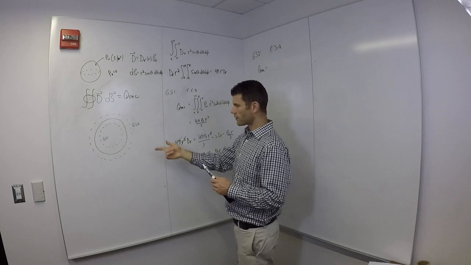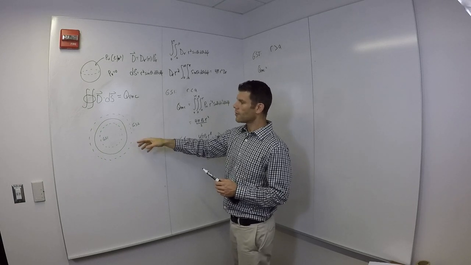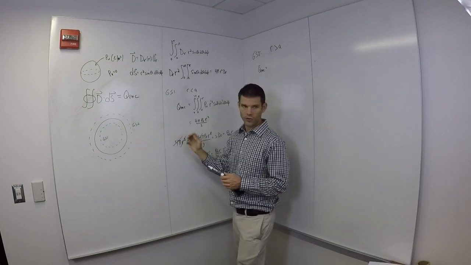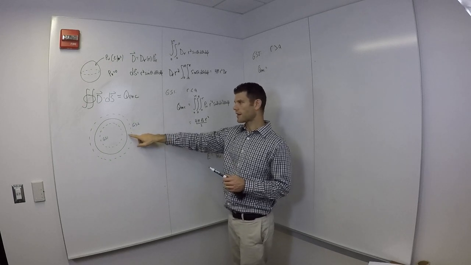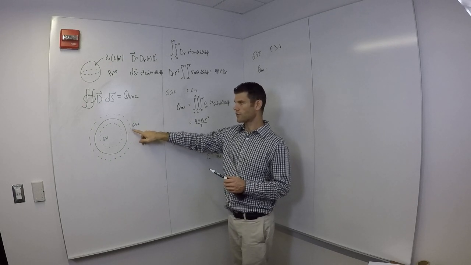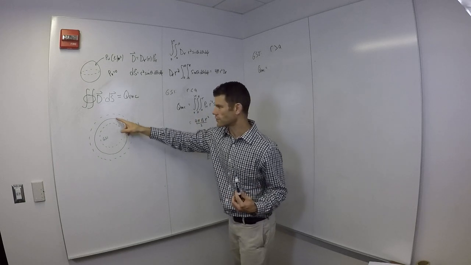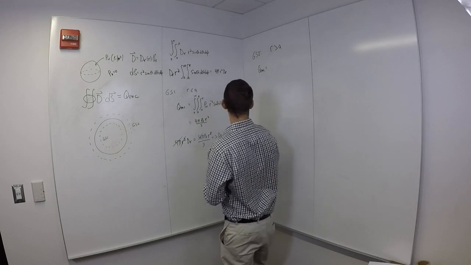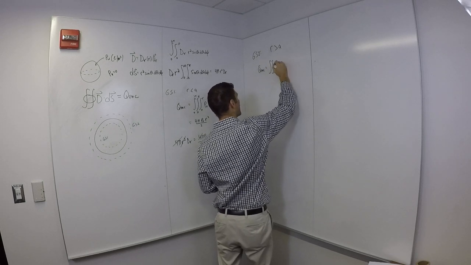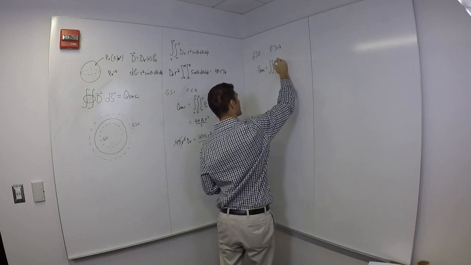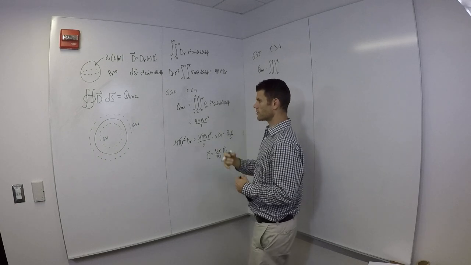We have to calculate all the charge enclosed, but we don't have to go from 0 to R, because anytime R is greater than a, we're enclosing no more charge. It doesn't matter how far out R goes, we only enclose the charge inside the sphere. So the boundary on r is only going to go from 0 to a, because beyond a we enclose no more charge.